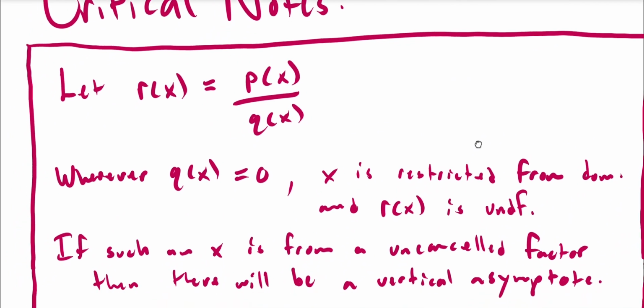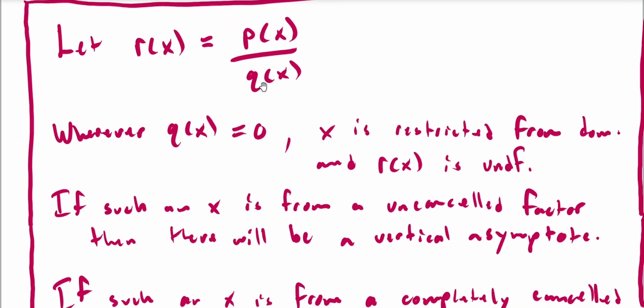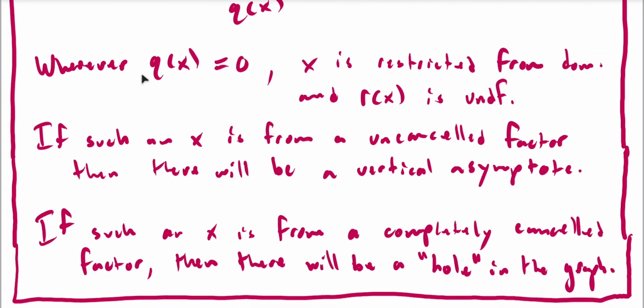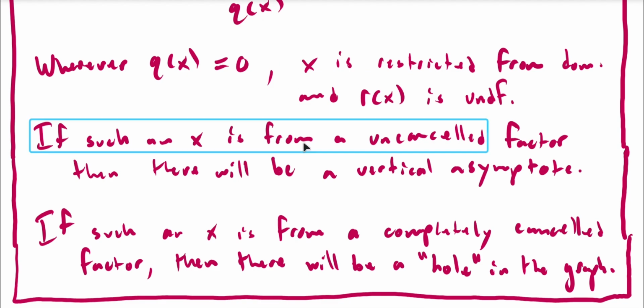So let's take some more critical notes. Copy this down. Let's have a rational function r of x is equal to a polynomial p of x over q of x. Now, wherever q of x is equal to 0, that's the denominator, x is restricted from the domain. The domain would be all my x's except for the ones that made the denominator 0.